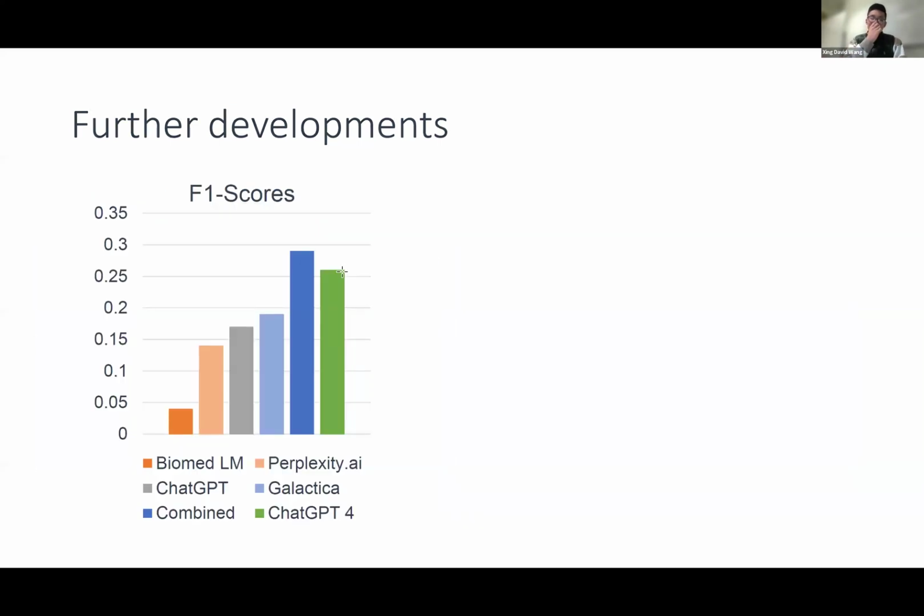And in the F1 score, we already see quite a big improvement of ChatGPT 4 compared to the ChatGPT 3 version, about 0.1 difference. So we can see that the updated model already provides some better answers.